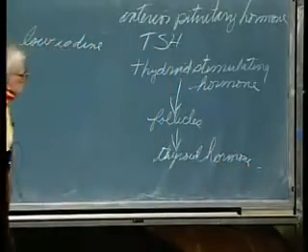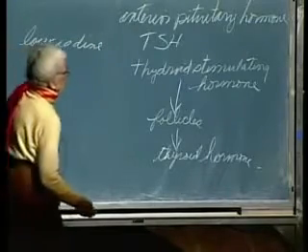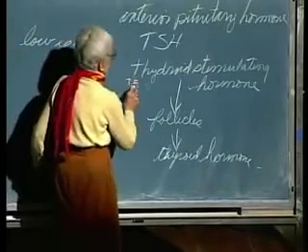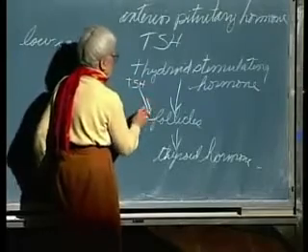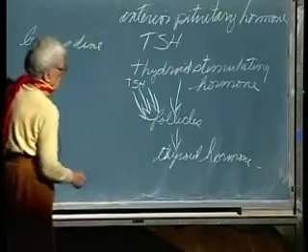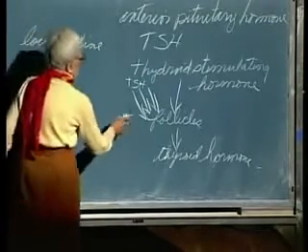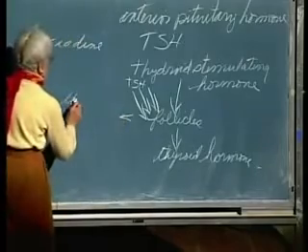But if there's not enough iodine to form it, the TSH keeps trying, stimulating that group of follicles. And what happens? The thyroid enlarges.